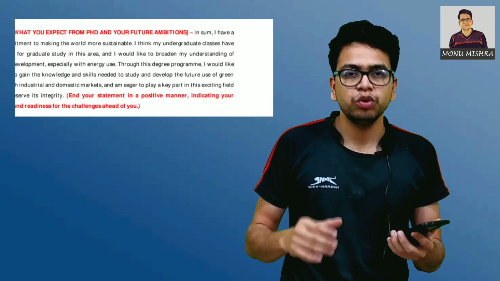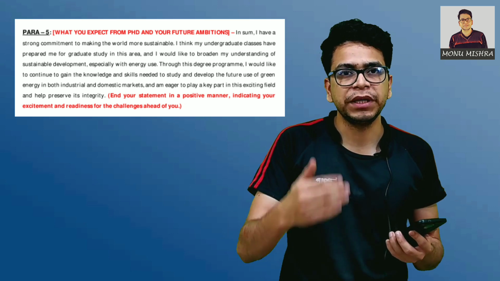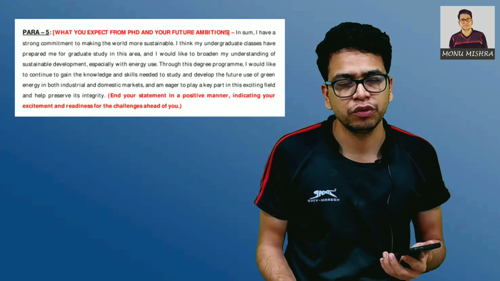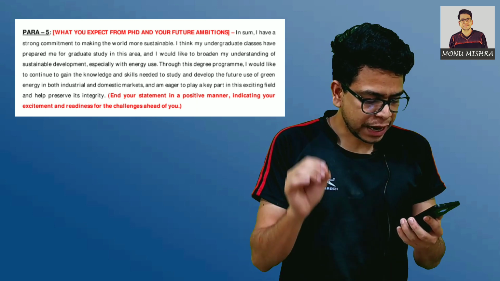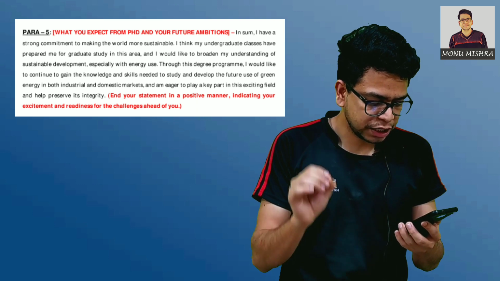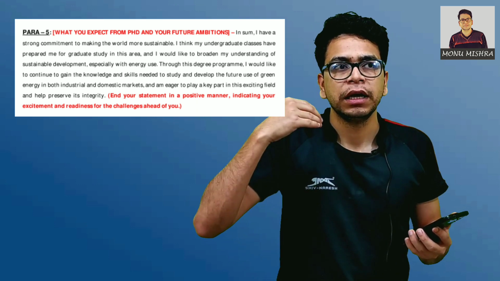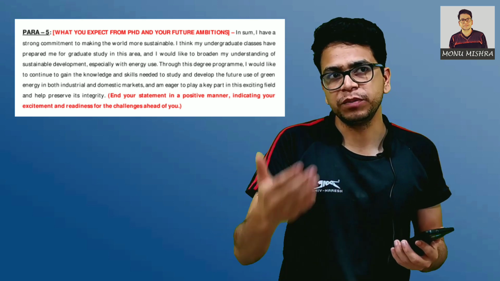And last but not the least is paragraph 5, where you tell what you expect from the PhD. Like after doing the PhD at this department, I expect to learn this and that, and what are your future goals or ambitions. It should end in a positive manner, and it should show your excitement, that you are ambitious, you are inspired, and you expect a lot from the department.